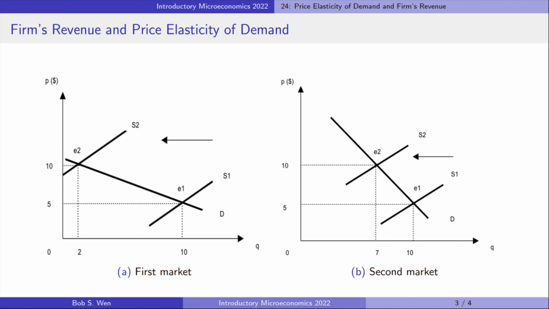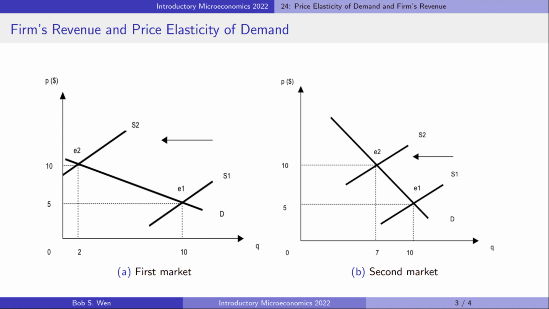The reason is that an increase in the price leads to a decrease in quantity demanded that is proportionately larger. So total revenue decreases.